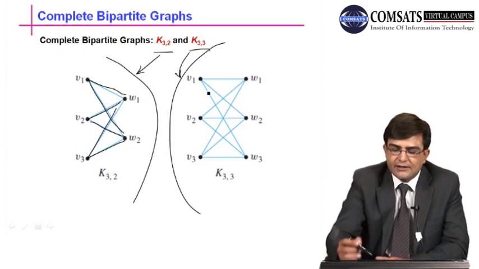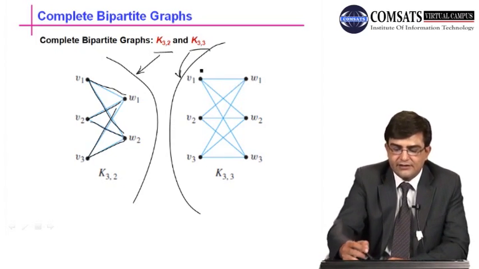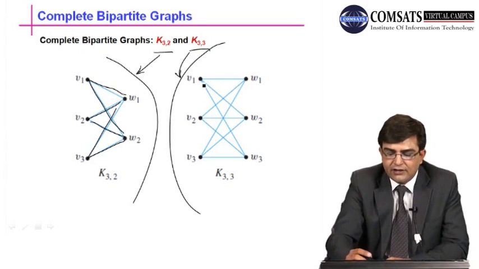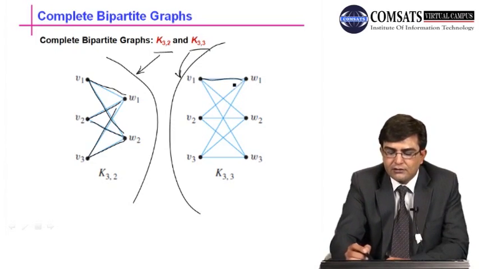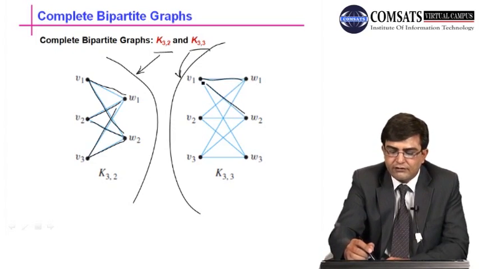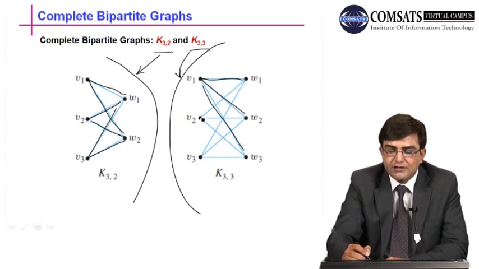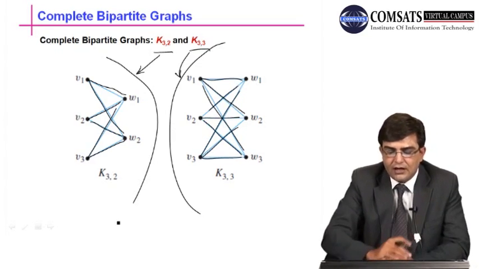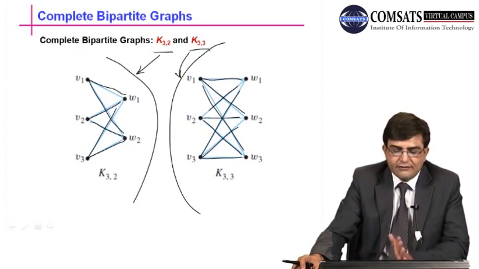Similarly, K33 contains v1, v2, v3 in the first set, w1, w2, w3 in the second set. v1 is connected to w1, v1 is connected to w2, v1 is connected to w3. Similarly, v2 is connected to w1, w2, w3, and v3 is connected to w1, w2, w3. Now this is basically the first condition.